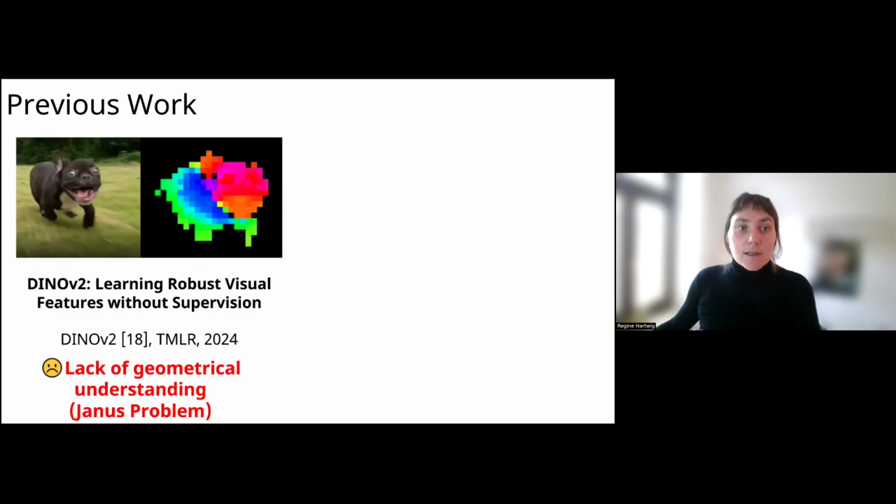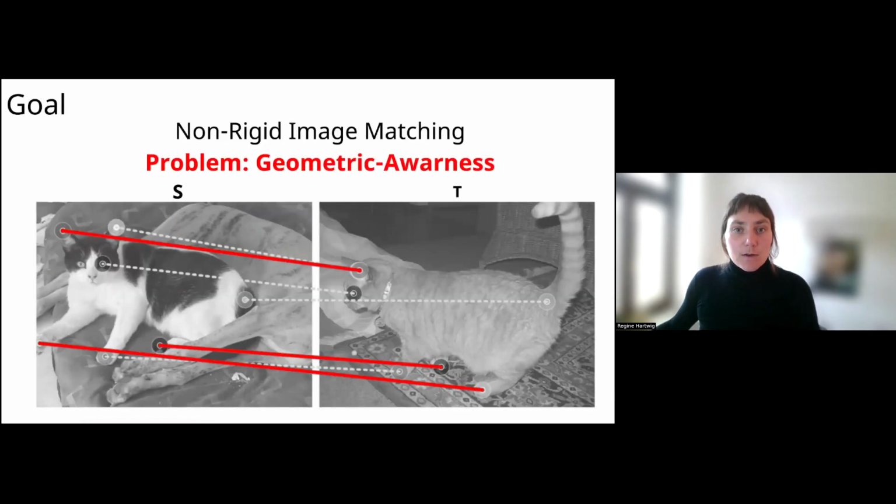What we can see here is that when objects undergo non-linear transformations, like varying cat poses, partial occlusions and disocclusions can occur, and it's very likely that they occur. Here, for example, DynaV2 is not able to assign the ears and the paws correctly. They are assigned to their symmetrical counterparts.